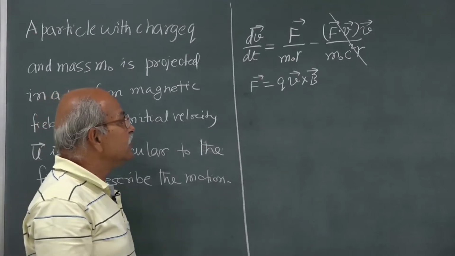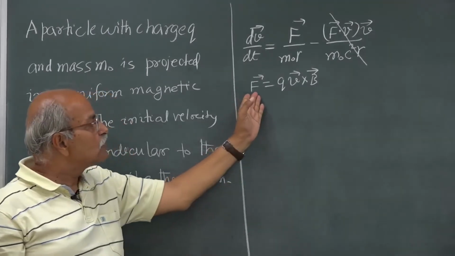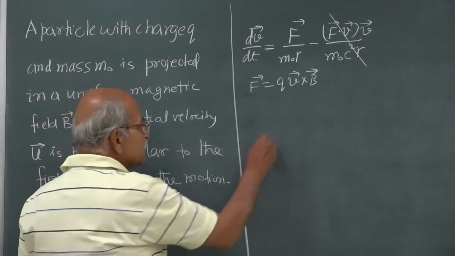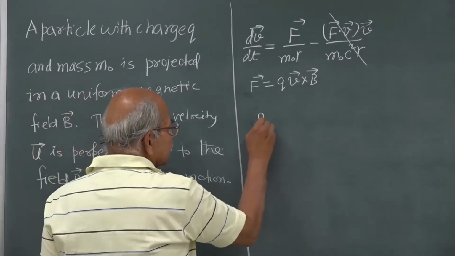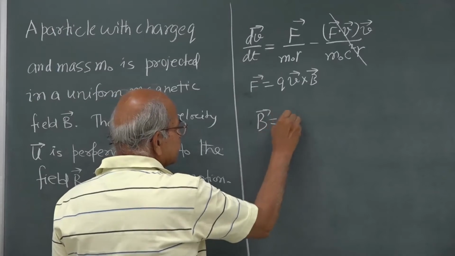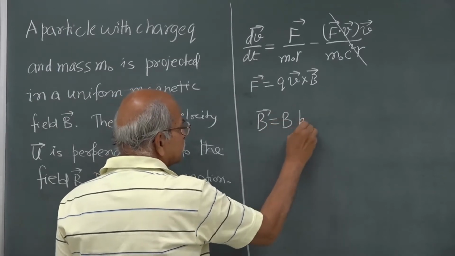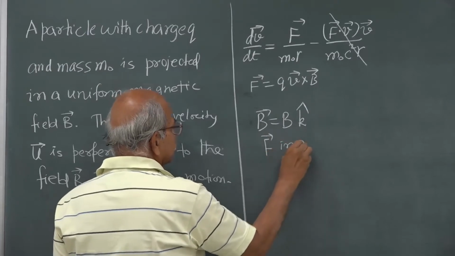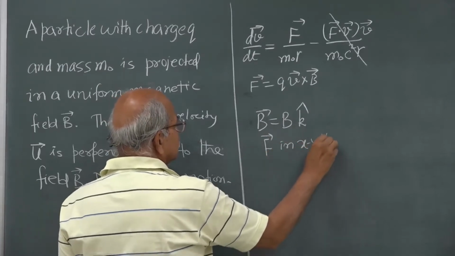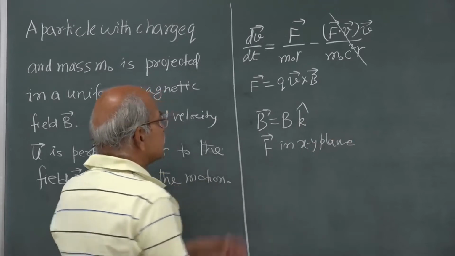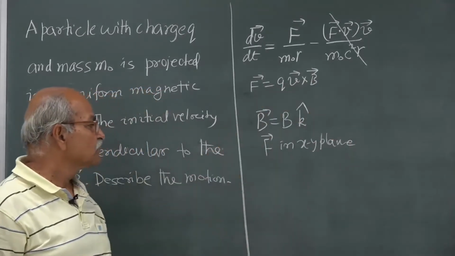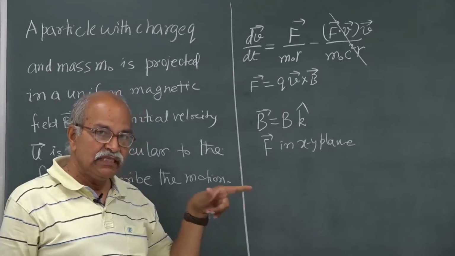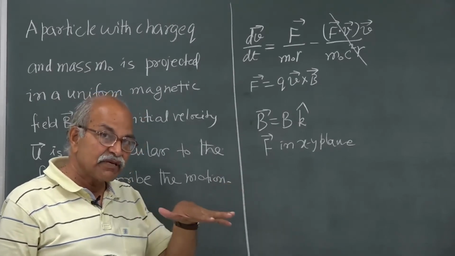And then it is also perpendicular to the field B. So, suppose B is in the z direction, then this force has to be in the xy plane, because it is a cross product with B, and the initial velocity is perpendicular to B. So, the initial velocity u is in the xy plane.